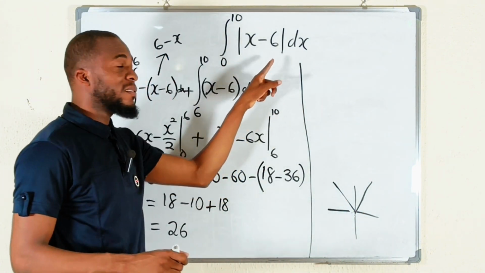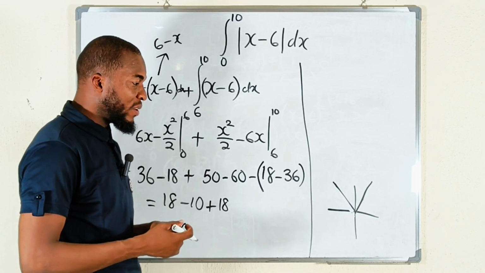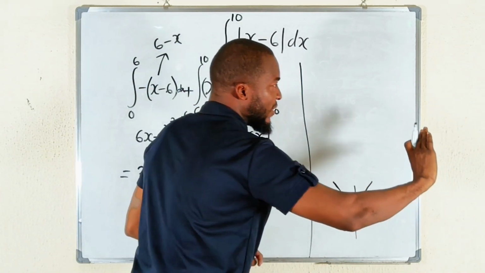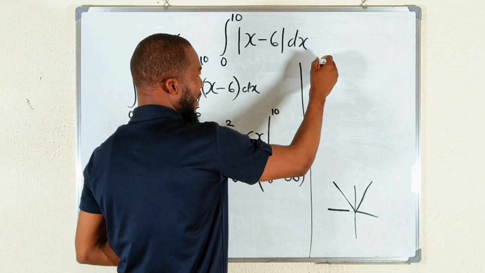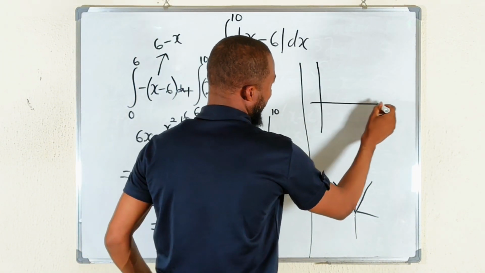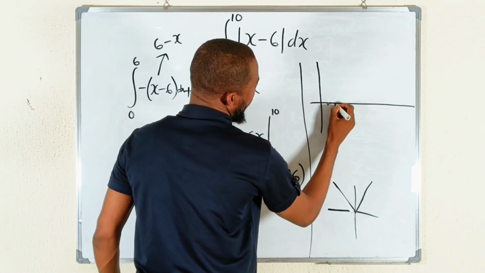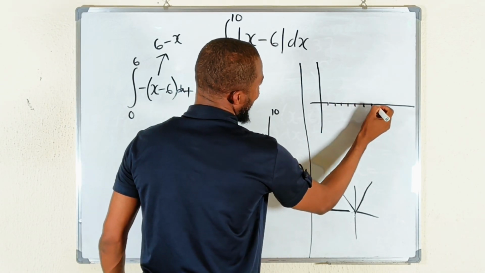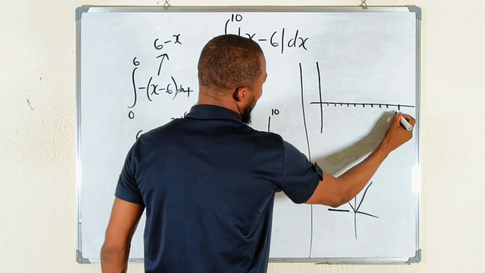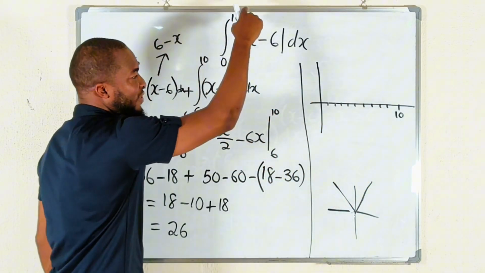But because we have minus 6, there is a horizontal translation of 6 units to the right. So the graph will be shifted 6 units to the right. If I have the y-axis here and the x-axis here, 1, 2, 3, 4, 5, 6, 7, 8, 9, 10, because that is where it's supposed to stop. This is 10, from 0 to 10.